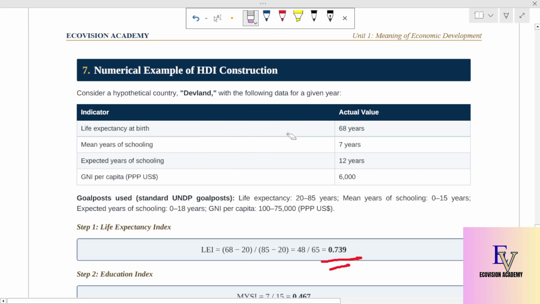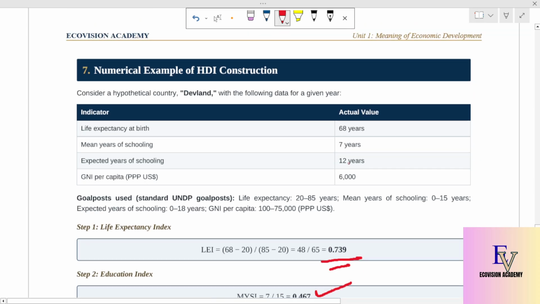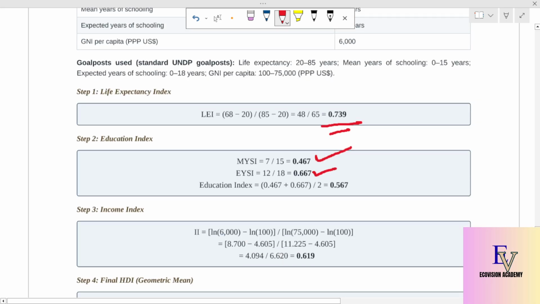Then dividing 7 by 12, because mean years of schooling is divided by 12, you get 0.467, and dividing 12 by 18 for expected years of schooling, you get 0.667. Then 0.467 plus 0.667 divided by 2, you get some 0.567.